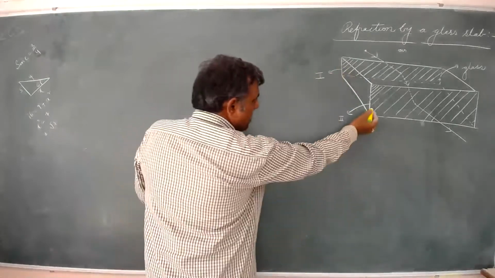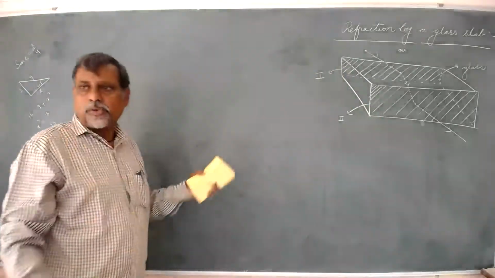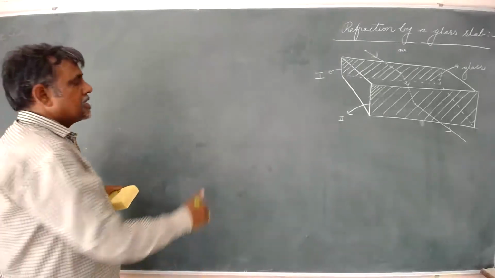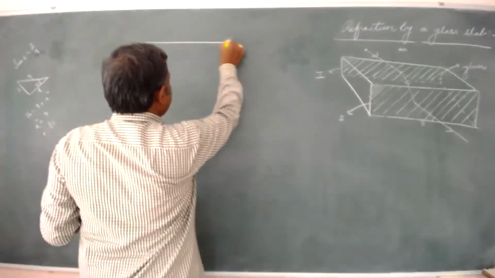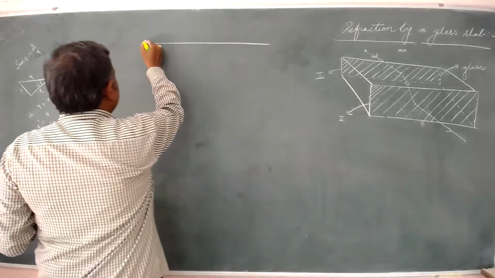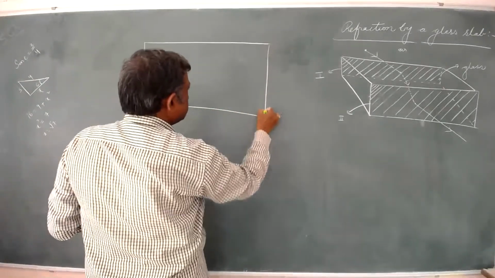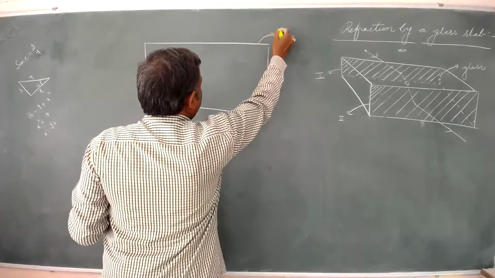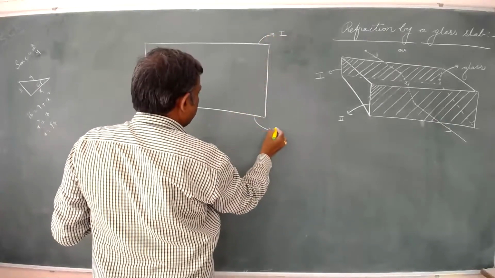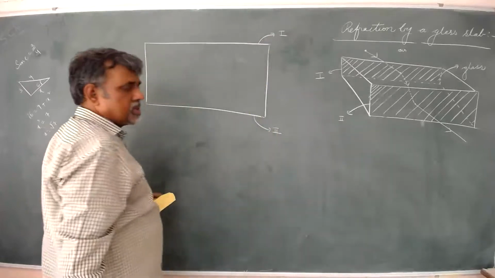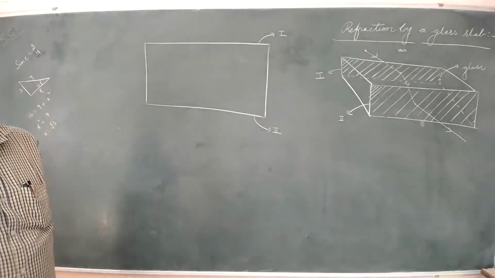This is the line, which is refracting surface 1, and one more refracting surface we take over here, which is refracting surface 2.